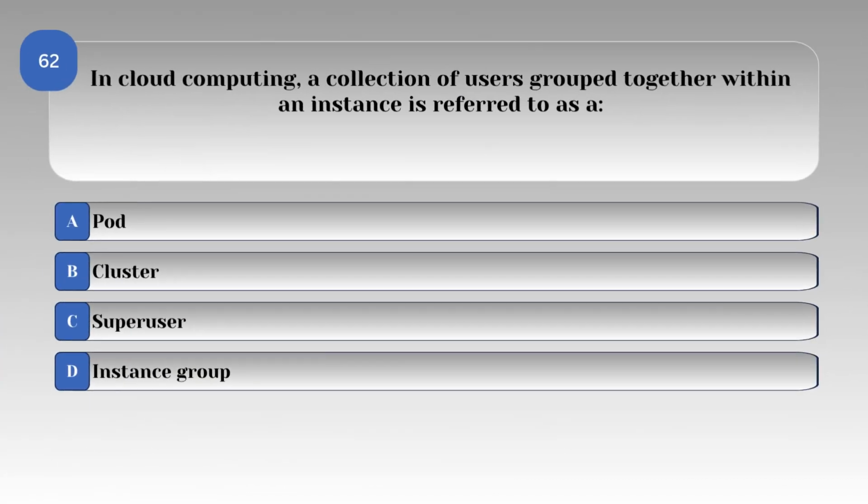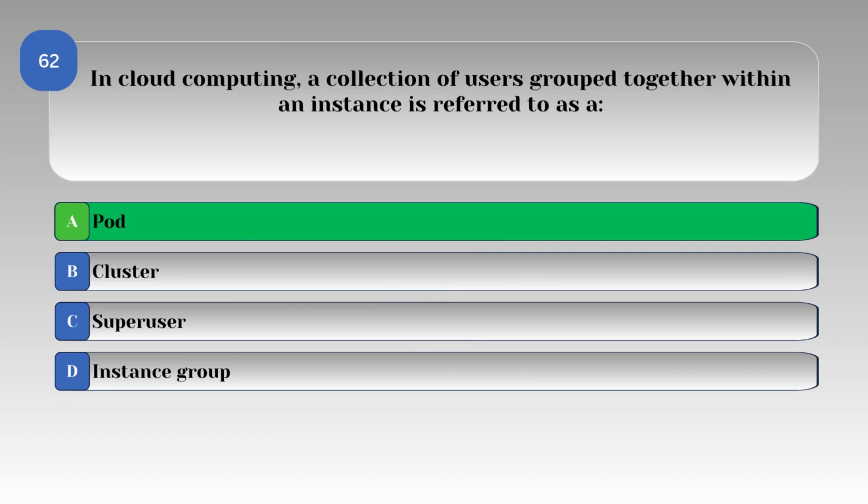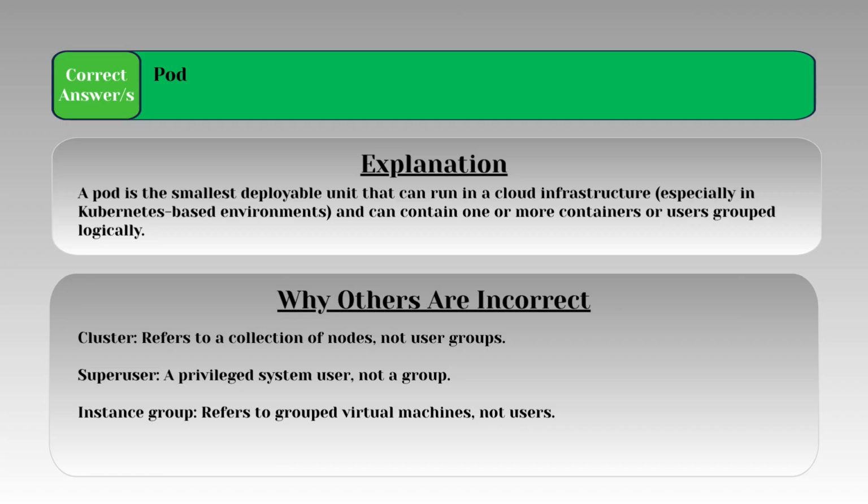In cloud computing, a collection of users grouped together within an instance is referred to as a. Correct answer, pod. Explanation: A pod is the smallest deployable unit that can run in a cloud infrastructure and can contain one or more containers or users grouped logically.